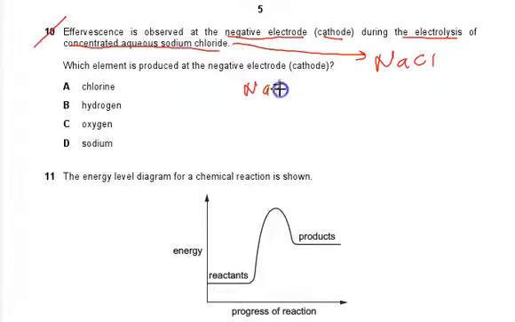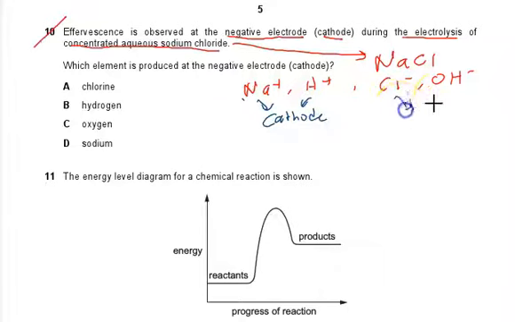We have hydrogen, chloride, and hydroxide. So over here, both of these will go to the cathode. This one will go to the cathode, and here will go to the anode.